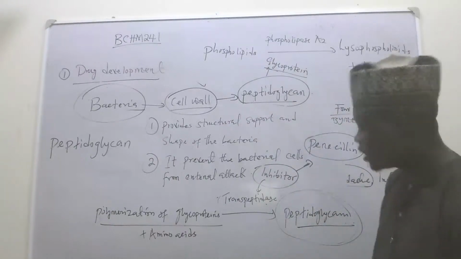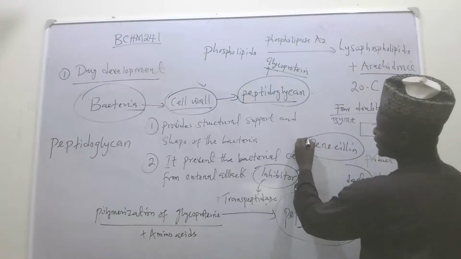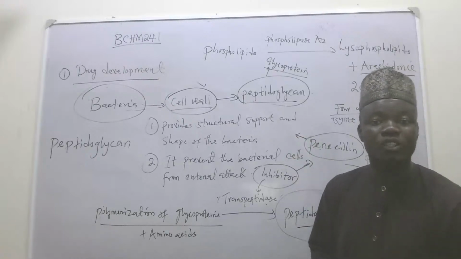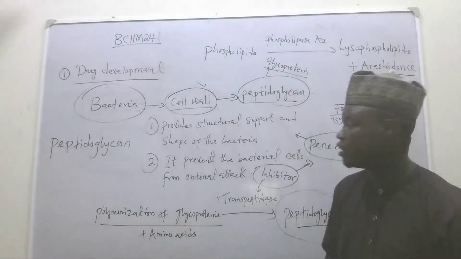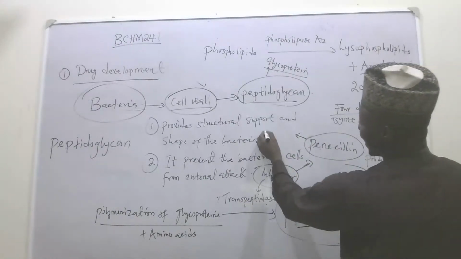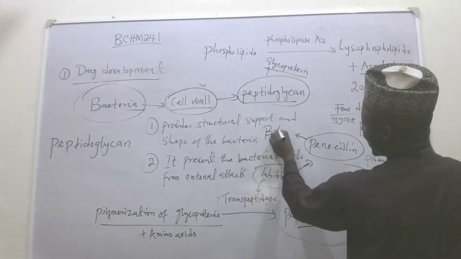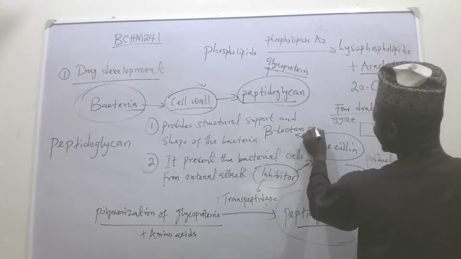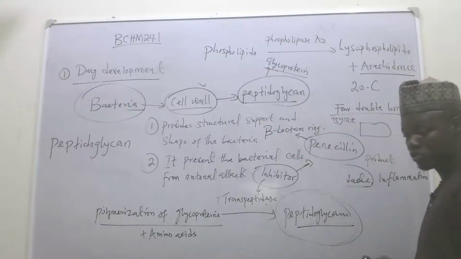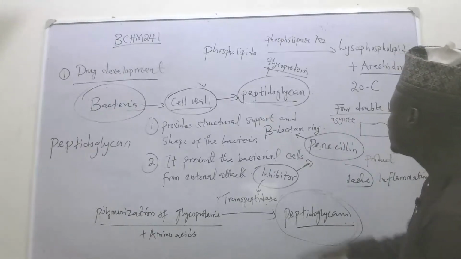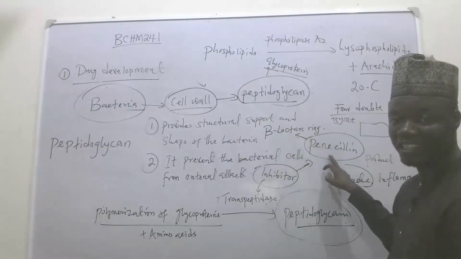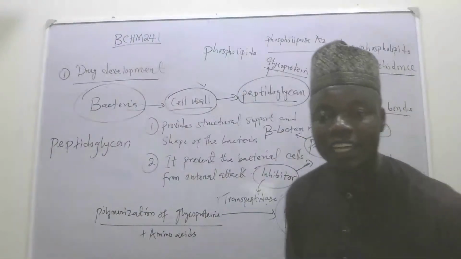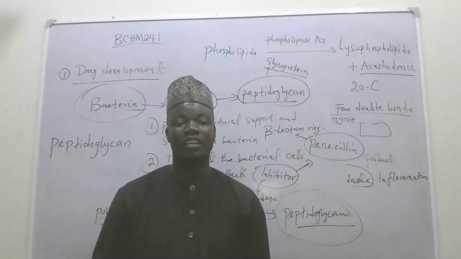So, ladies and gentlemen, I want to tell you something. Penicillin has an active ingredient. The most active ingredient in penicillin is called the beta-lactam ring. That is the active component of penicillin.